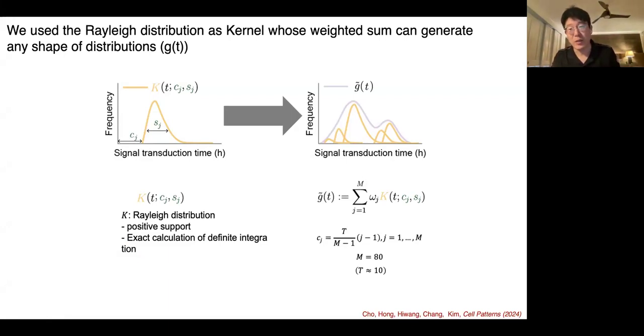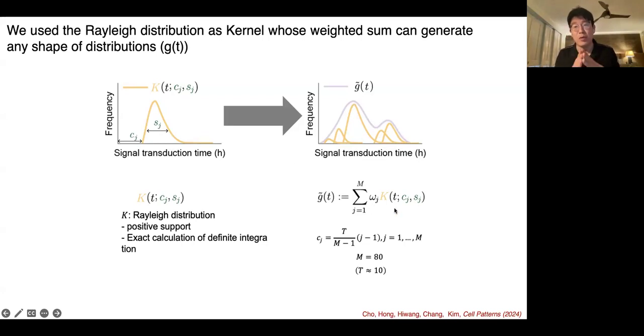What is well known in statistics is that for any given probability distribution, if we have enough Rayleigh distributions, we can always make a good approximation of the original distribution. So the Rayleigh distribution can function as a kernel. For any given time delay distribution, we can express it as a weighted sum of these Rayleigh distributions.